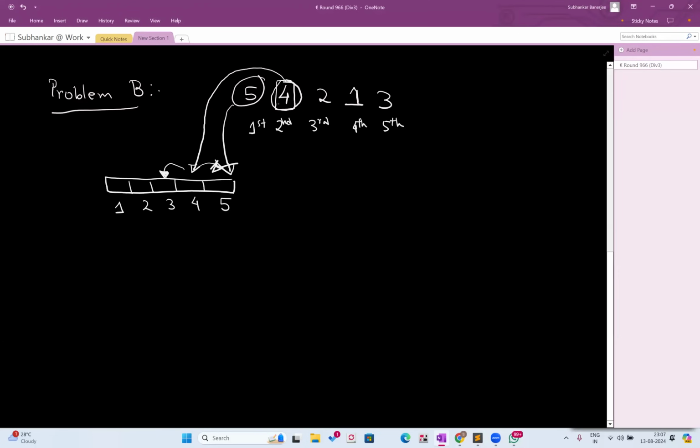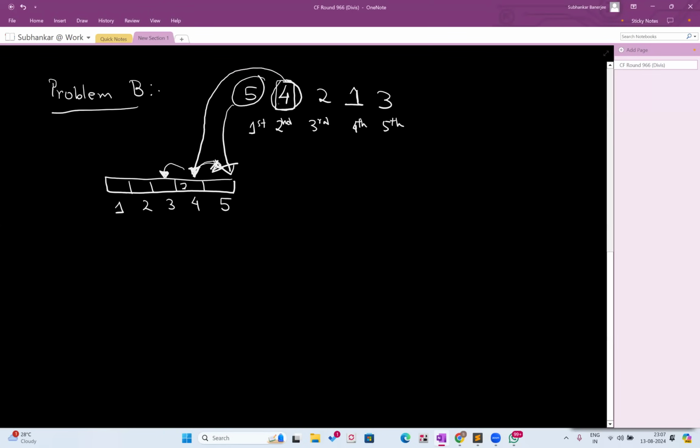Then only he can sit in the fourth seat. Otherwise, if both of them were unoccupied, he could not sit there, and we will print the answer no. So we'll check the 5 and 3 index seats to see whether they are occupied. If one of them or both of them are occupied, then fine, I'll just give him the seat.